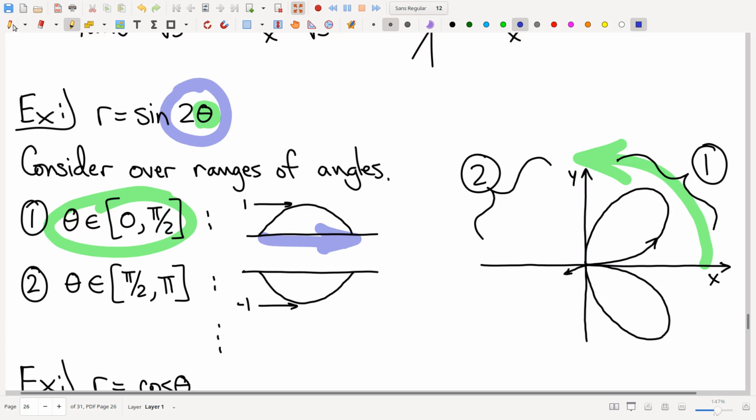And with that established, for this range of values of theta, you can see that r is going to start at 0 and then increase up to 1 and then decrease back down to 0. And so now I'm going to literally, just in polar coordinates, trace out what I've determined here. For these values of theta starting at 0 and eventually rotating its way up to pi over 2, I'm going to start with 0 as my r, and then slowly increase my r's, and then decrease symmetrically back down to 0.